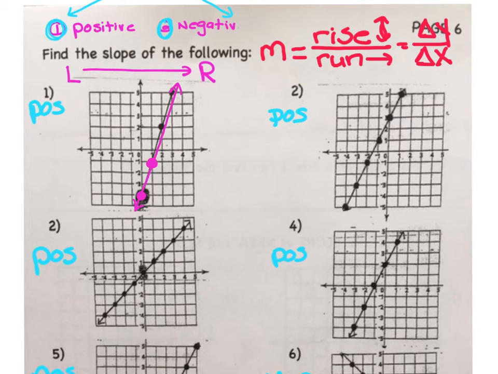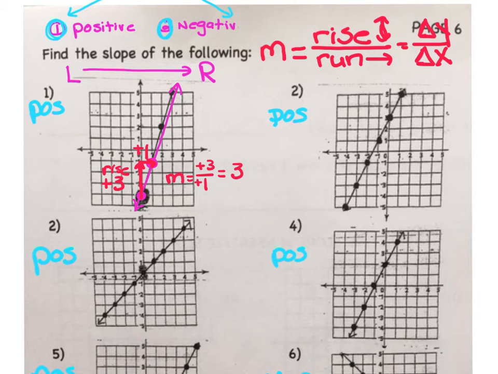We're going to compare, of course, the rise and the run. The rise is your vertical movement, which you go up 1, 2, 3. Upward movement is positive. And your run to the right is also positive. So our slope is a positive 3 over a positive 1, which of course is 3.